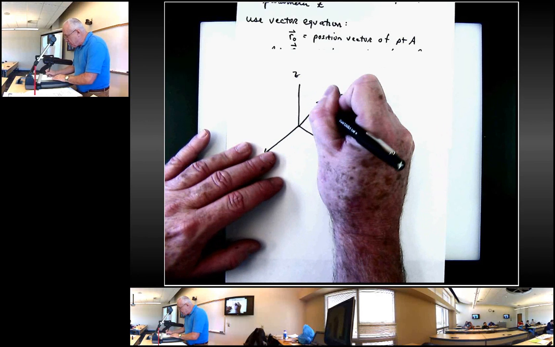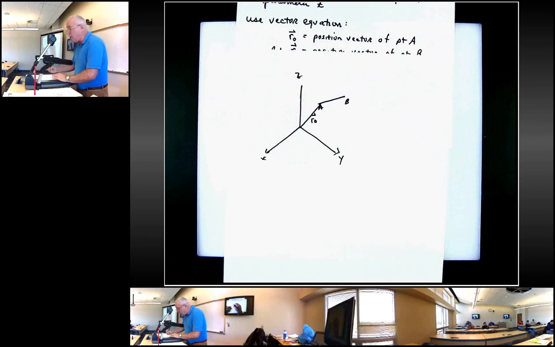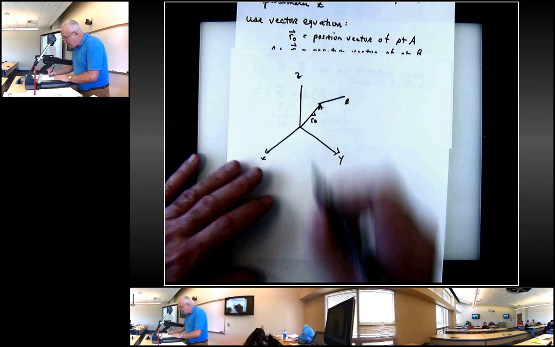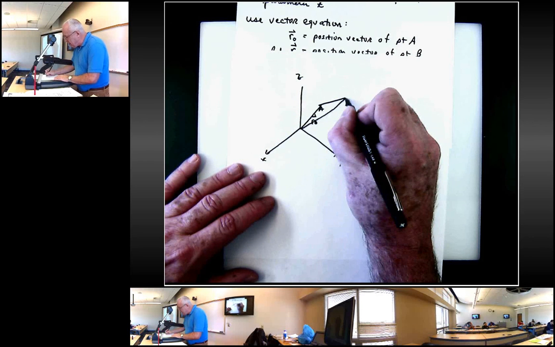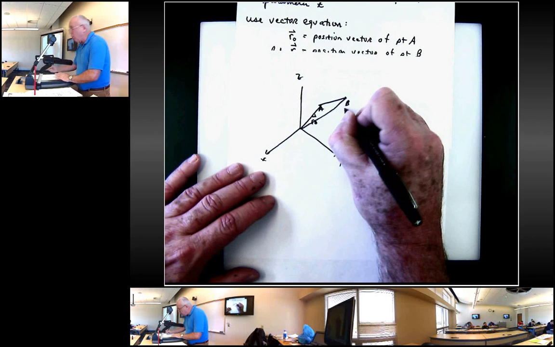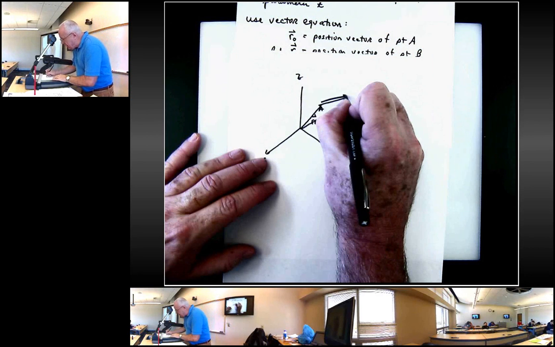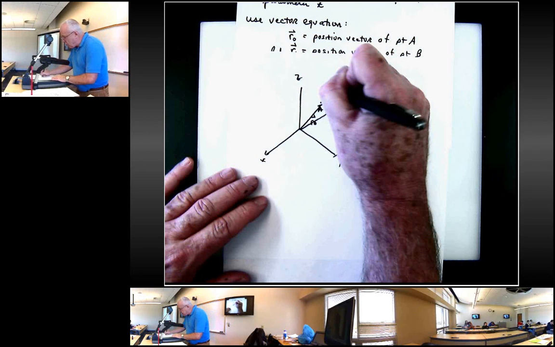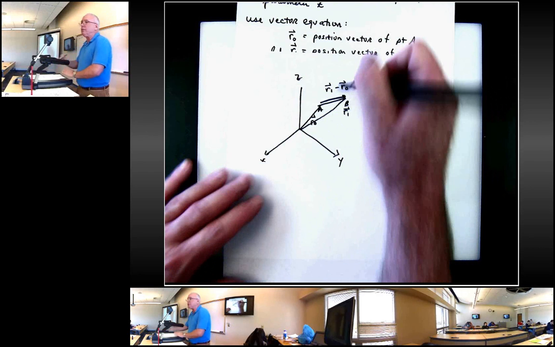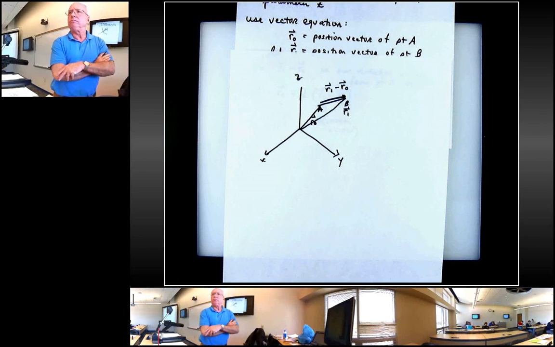So this vector, going from the origin to A, I'm calling R0. The position vector going from the origin to B, I'm calling R1. And this vector, representing the displacement vector, is the difference, R1 minus R0. Does that help at all?